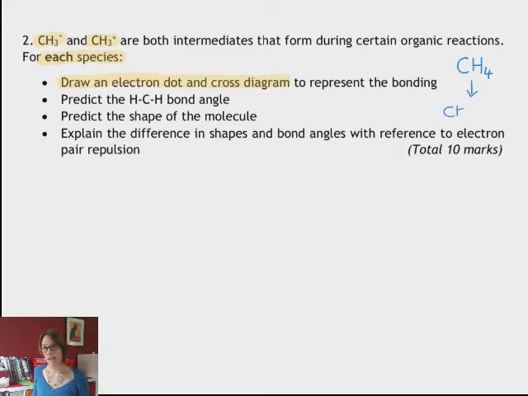To make CH3- from CH4, I would have to lose a positive hydrogen ion, and that would leave behind a CH3-. So when I do the dot and cross diagram, I can basically just start drawing methane like I normally would. I'm only going to put in 3 of the hydrogens, but I've left behind an electron from a hydrogen atom that would have been there, but I've removed it, which means I'm just removing the hydrogen ion, H+, by leaving that negative charge behind.